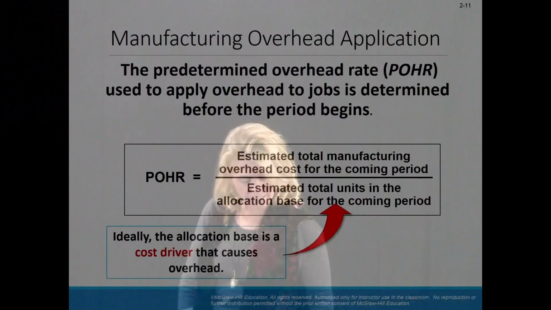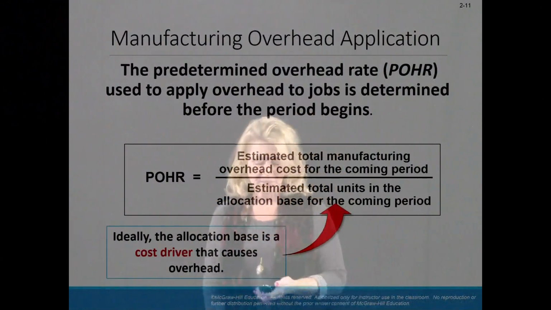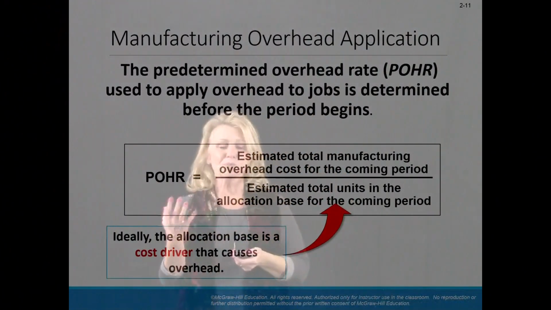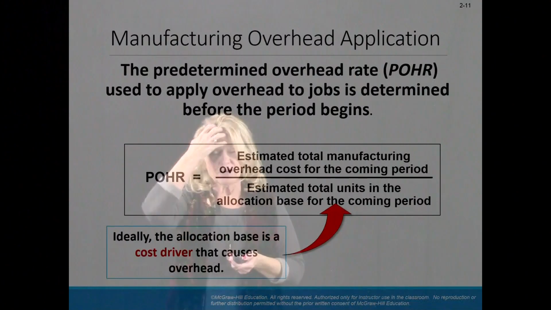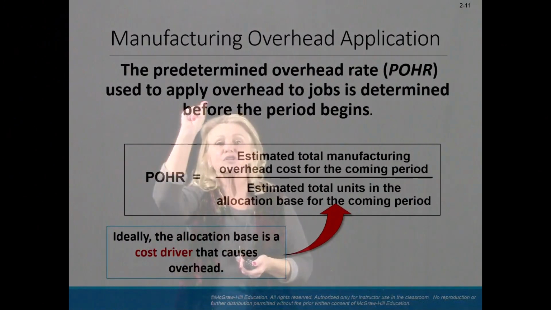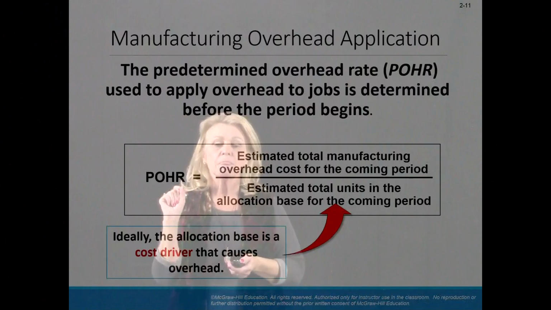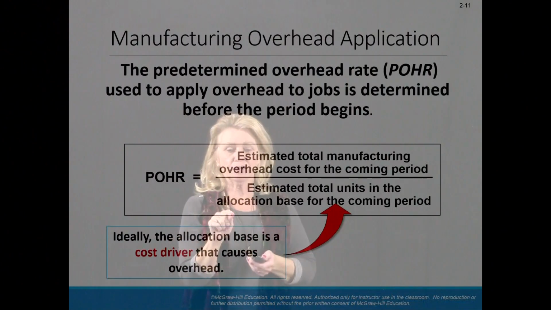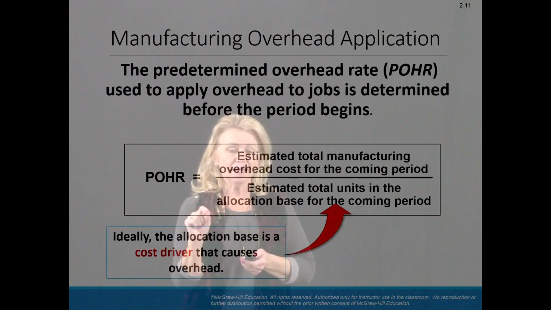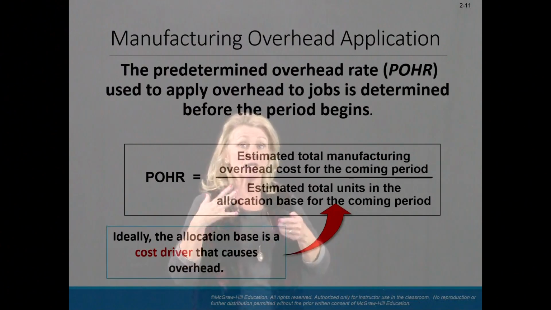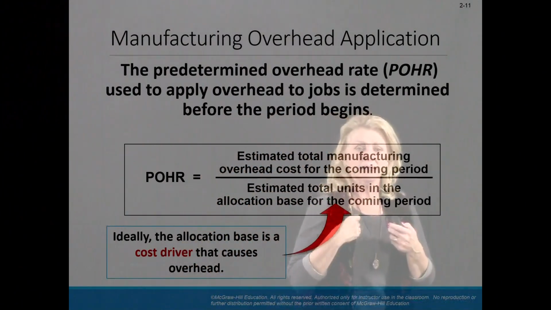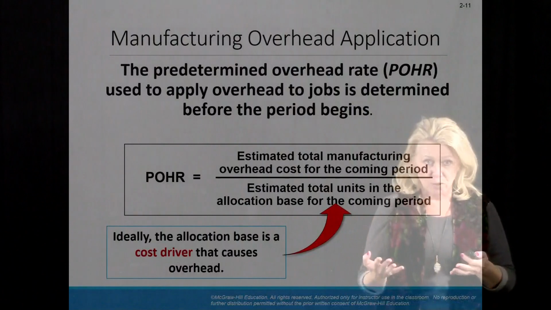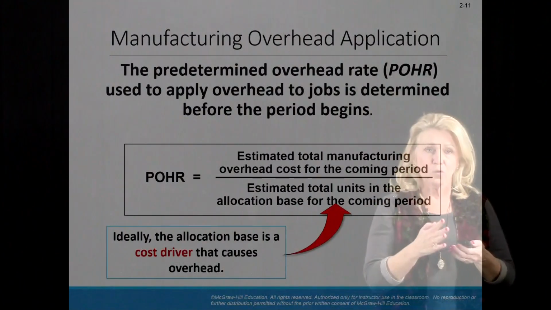All right, you guys are going to have to calculate this later, but it isn't something that's super hard. You'll be able to figure this out. At first it looks really confusing, and then you just figure out that you fill in the numbers. So I want to go back to the allocation base. So ideally the allocation base is a cost driver that causes overhead. So I'm going to say like hours, each hour worked.